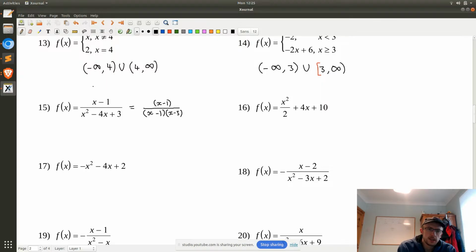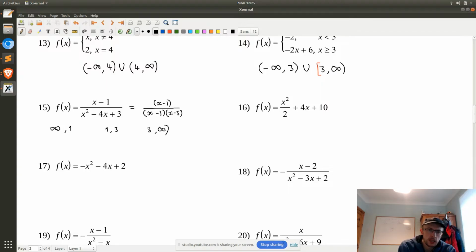So I know that it'll be intervals like from negative infinity to 1, and then 1 to 3, and then 3 to infinity.